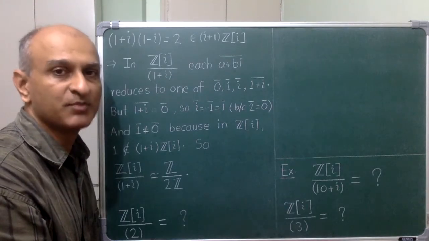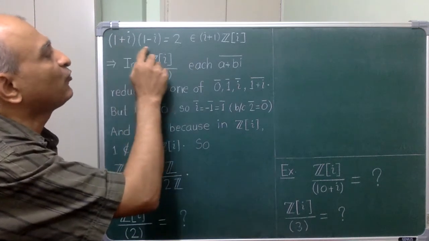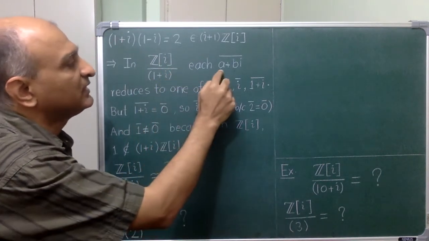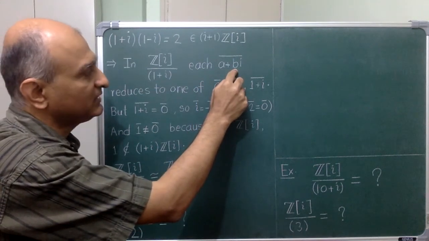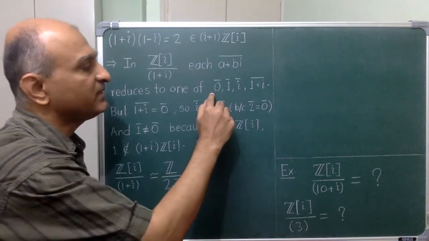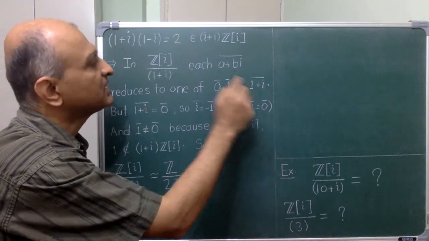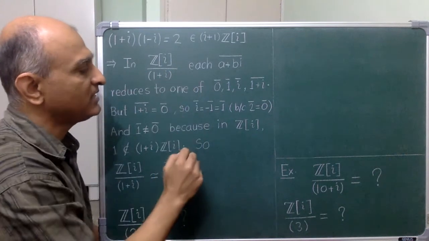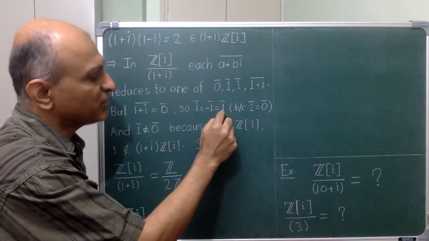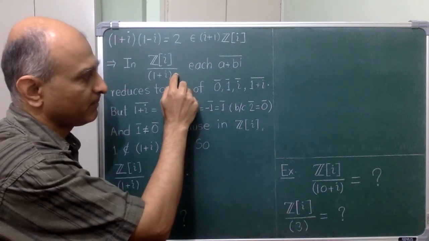It does collapse more, and let's see why. 2 is a multiple of 1 plus i. Therefore, in this quotient, the real and imaginary part of anything can be reduced to 0 or 1, giving me these 4 expressions. But the last congruence class is 0 here, and i bar equals minus 1 bar, which equals 1 bar because 2 is 0 in this quotient.